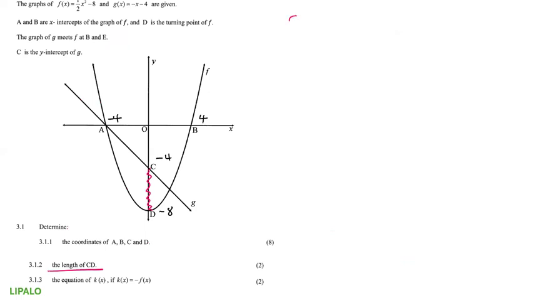So the length of CD is going to be, which one is at the top? The y value of C minus the y value at D. That's the distance. So this will be equal to -4 minus (-8), which gives me +4. Please be careful and avoid errors like saying this is going to be -12.